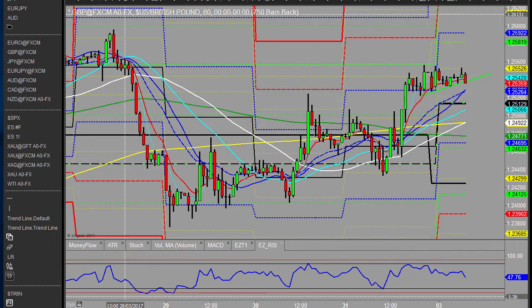And then we've got the ISM manufacturing data for the US at 3 p.m. So that's the main data. Thereafter, there are some speakers in the US later in the day, 3:30, and then 8 o'clock.